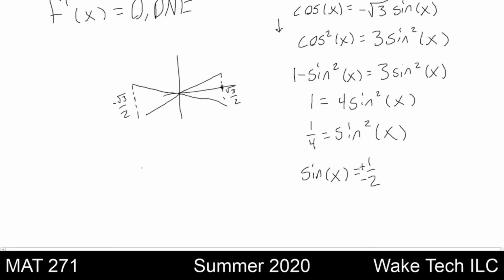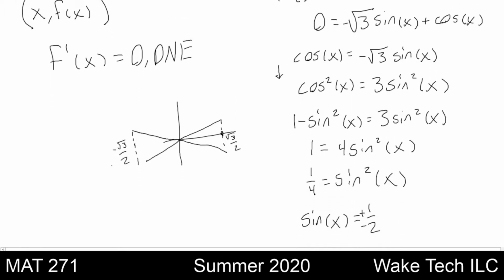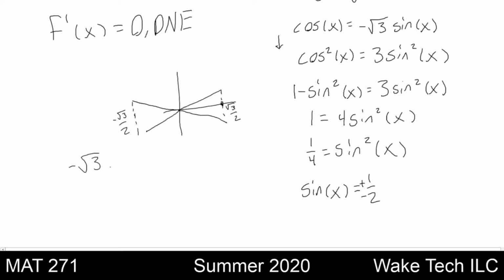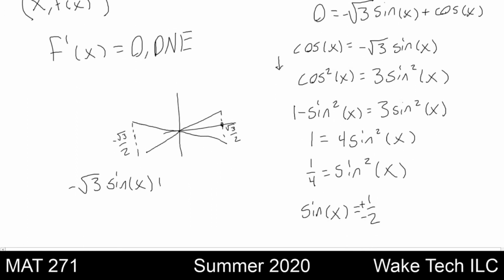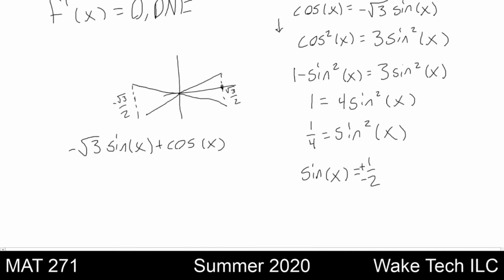We're going to test every combination to figure out which ones work. So if we have negative square root of 3 sine of x plus cosine of x. Let's start with this point right here, which is positive on both. Notice that all we're changing are the signs.